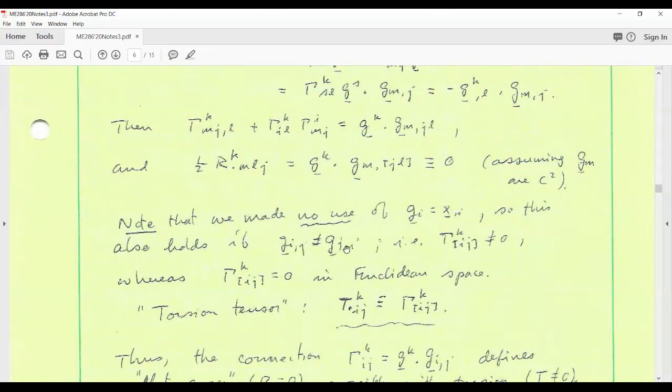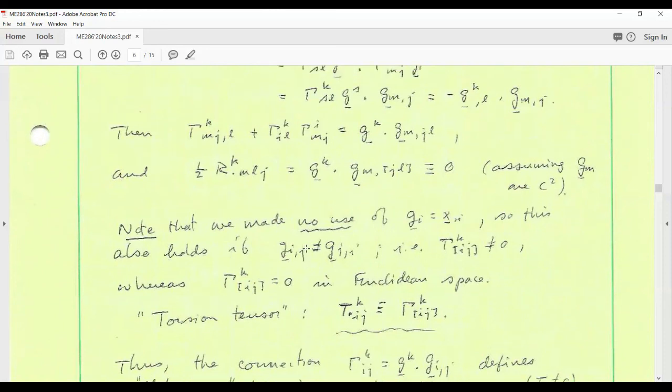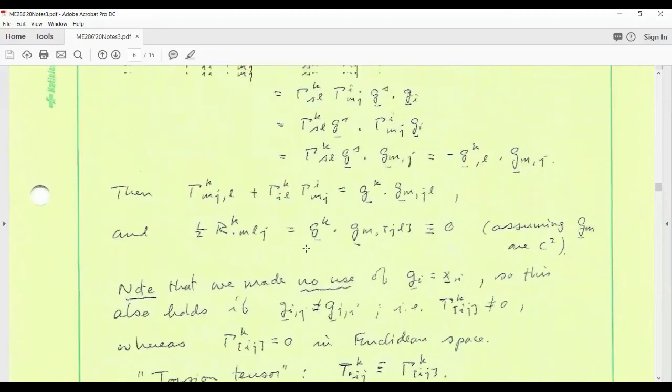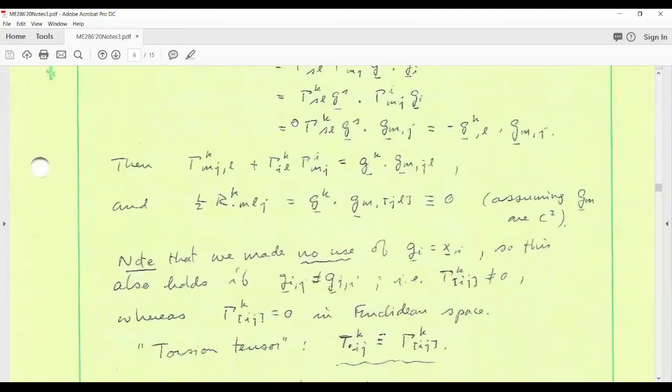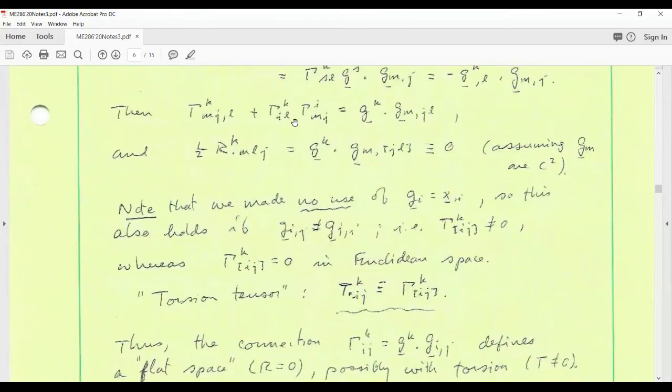So in other words, even when the skew part, G box I comma J, is non-zero, put a box around I and J here, we'd have to put a box around this, and these would then be non-zero. So the Riemann tensor is 0 even when the gamma super K box IJ is non-zero.